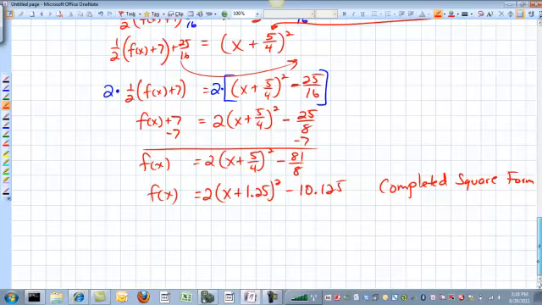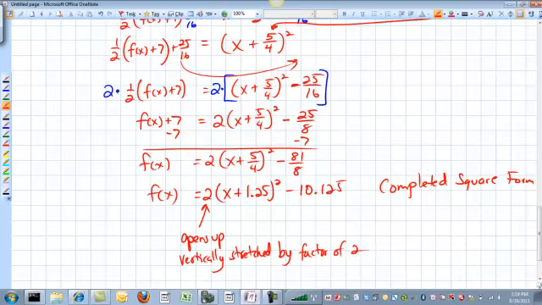There are some things that I can tell about the graph. First of all, from here, it opens up. Both arms are up. It has been vertically stretched by a factor of 2.